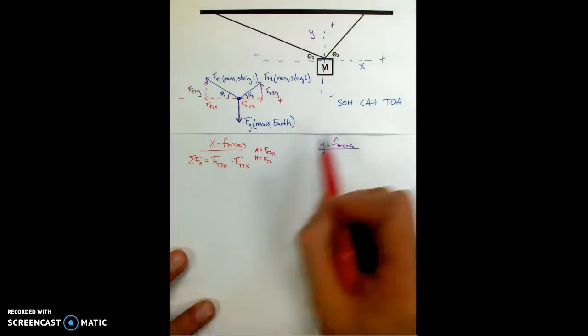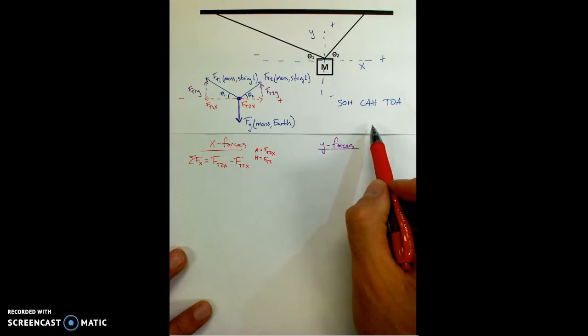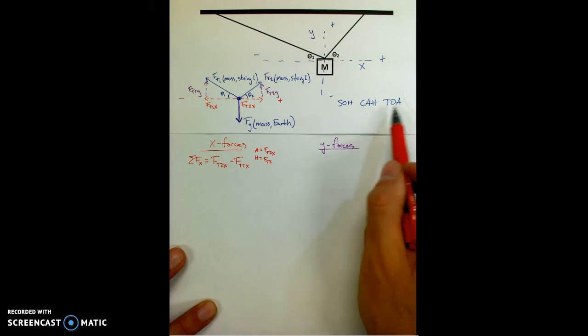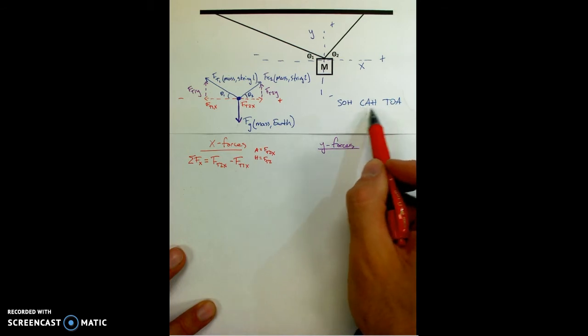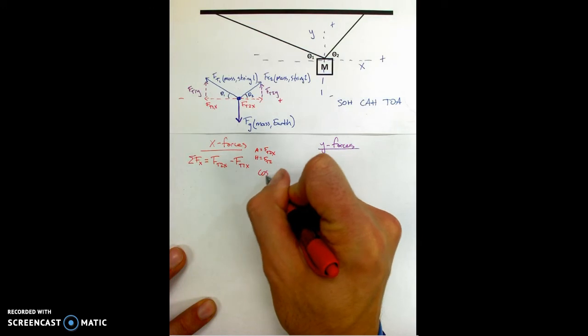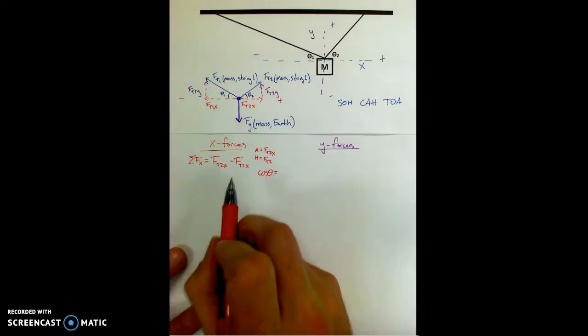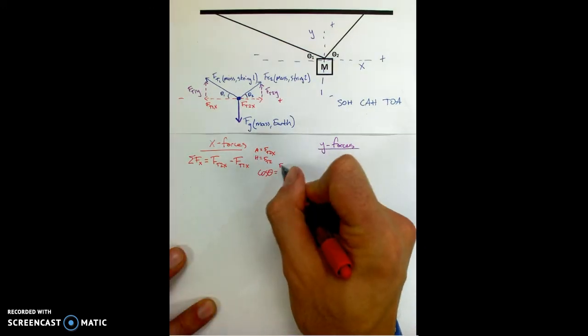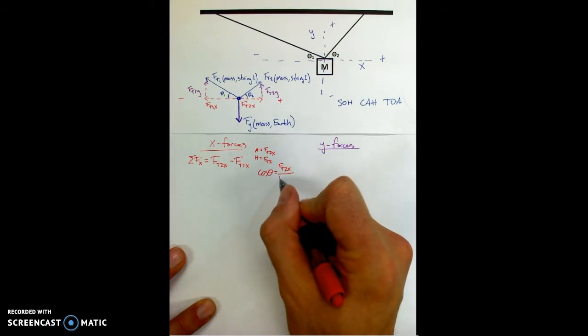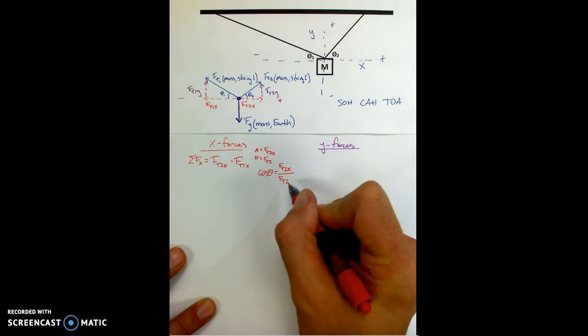And so I'm going to look at which trig function best fits. Since I have adjacent, it looks like it's either cosine or tangent. And since I have hypotenuse, that's going to be cosine. So what I can write is cosine theta equals adjacent, which is Ft2x, over my hypotenuse, which is Ft2.